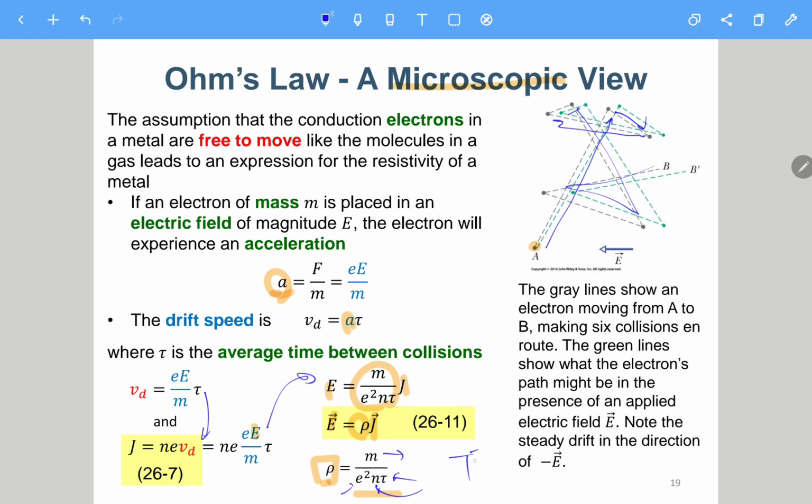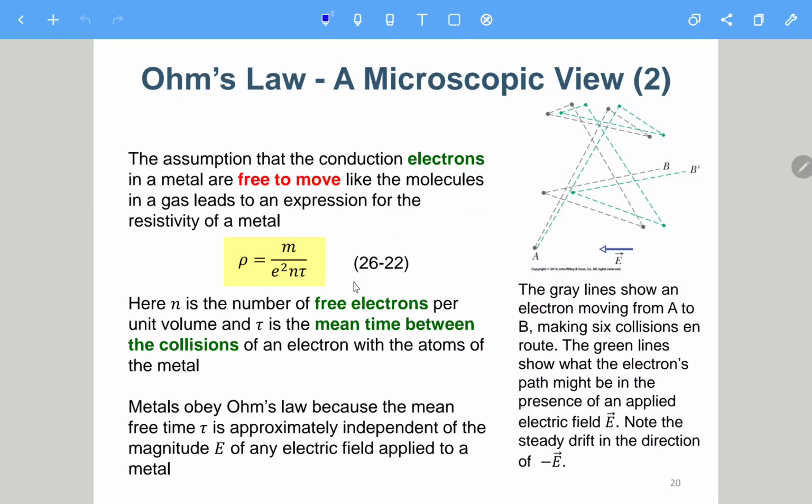But if you keep the absolute temperature constant, then this derivation means that Ohm's law in a microscopic view verifies Ohm's law in the macroscopic view, which is actually V equals IR. We can use V equals IR to derive this, or vice versa. So these two are actually the same thing, and if this derivation verifies this one, it also verifies this one.